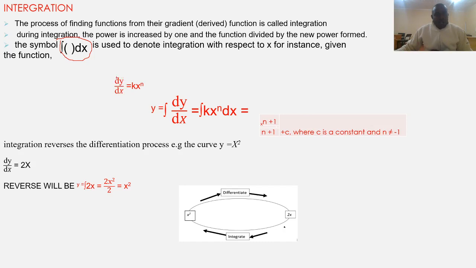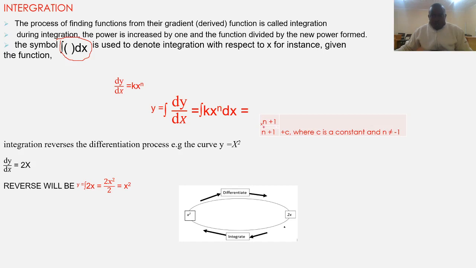Now, if I want to find y, the reverse of differentiation, I integrate this with respect to x, that's dx. You find y equals the integration of dy over dx, that is y equals the integration of k x power n with respect to x. And I said that the power is added by 1 and then the new power divided into the function.